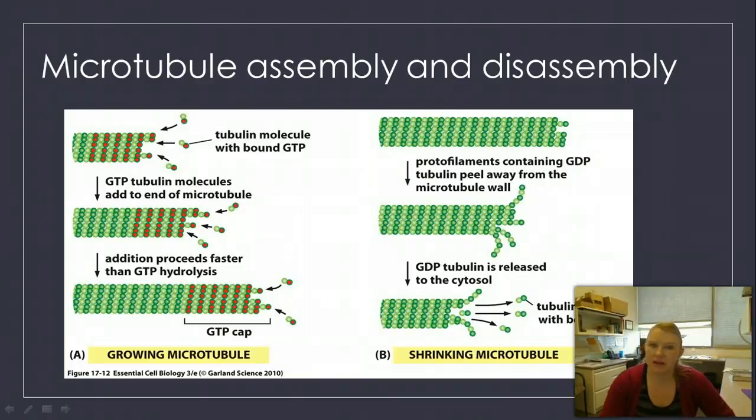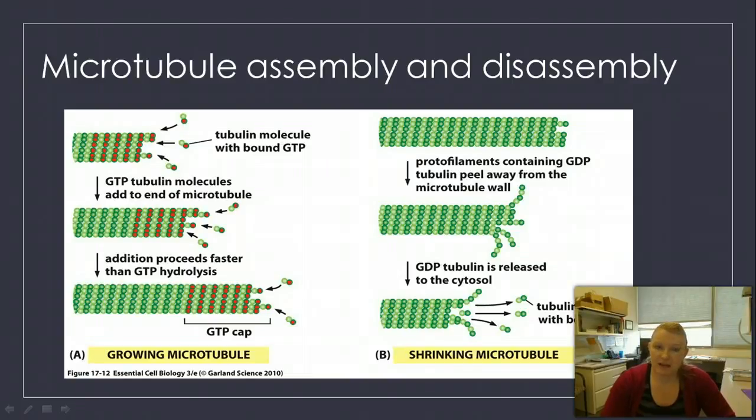It's not going to be hydrolyzed into GDP like we normally see energy use being dealt with. They all just stack on, and we end up with this GTP cap on a growing microtubule. Now, if this microtubule joins to something, another structure within the cell, for instance, it may just stay assembled, especially if it's something that's going to connect all the way across the cell for transport.